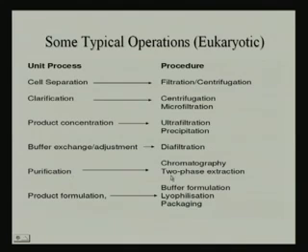Depending upon the nature and characteristics of the targeted product, we have to fix whether we will adopt ultrafiltration or a precipitation process. If the unit operation is buffer exchange or adjustment, then we can go for the diafiltration process.